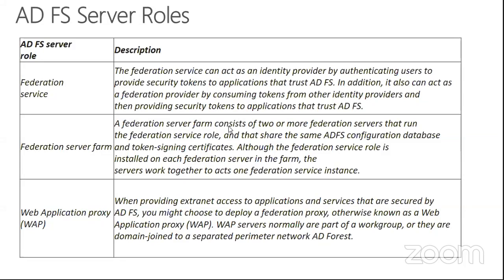So you deploy a web server in a DMZ as a best practice. So these are some of the roles. A Federation Server Farm is something you wouldn't usually deploy unless you want to provide resiliency to your entire deployment. But Federation Service and Web Application Proxy are something you would be needing.